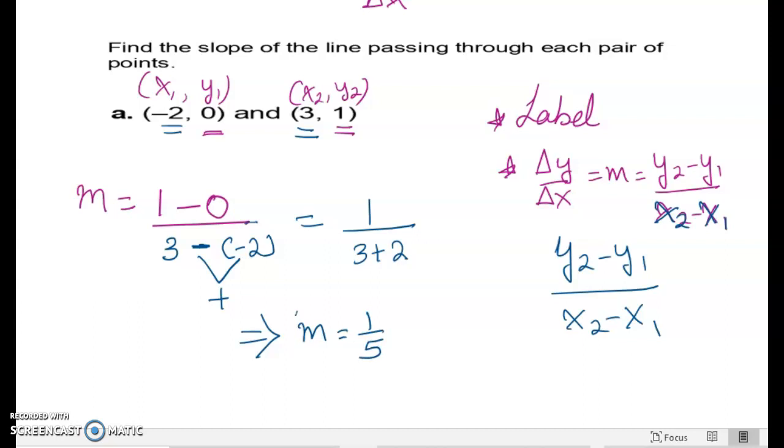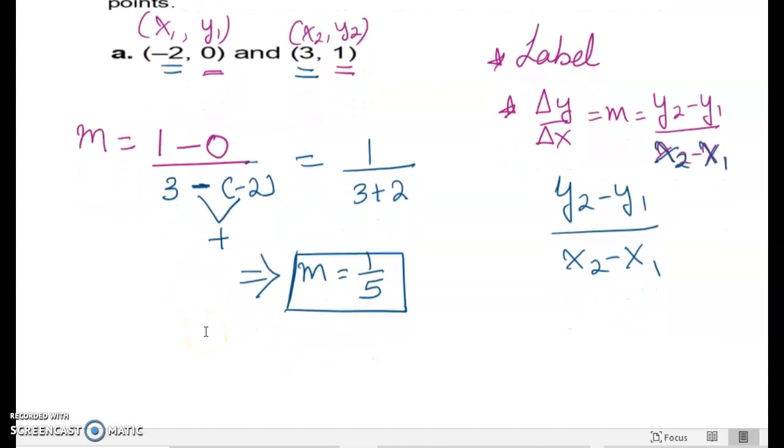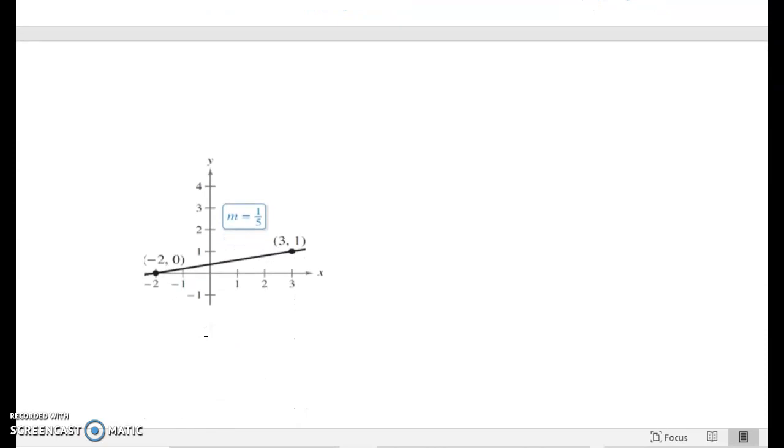And third point, always box your answer. Let's see whether our answer matches the graph. We have a graph somewhere. Here you go. If I graph it, it will represent the same answer. m is equal to 1/5.